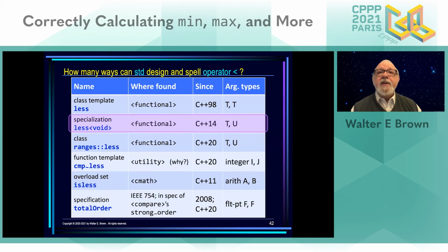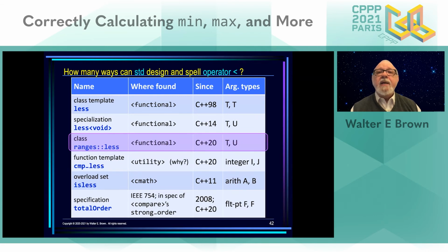It can take arguments of types T and U that don't have to be the same. In the ranges library, all of this still in the header functional, introduced with C++20, we have a class, as I showed you earlier. It's named ranges less, and it has a member template that permits the less than comparison to be heterogeneous.